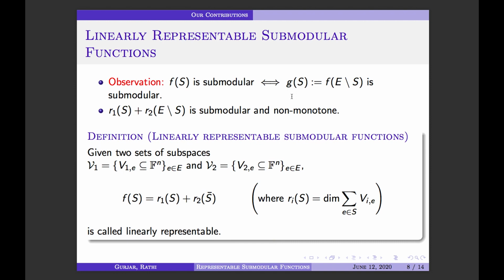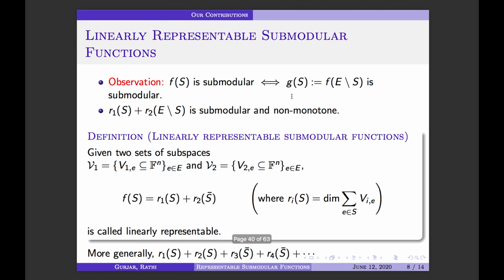So any function f is called linearly representable if there exist two sets of subspaces, say v1 and v2, and their corresponding rank functions r1 and r2, and f can be written as r1 of s plus r2 of s bar.